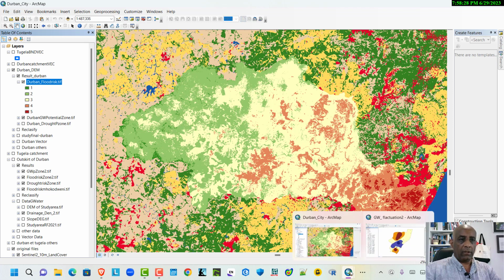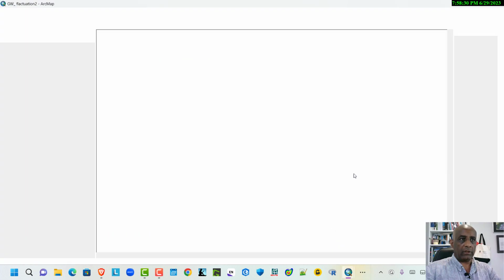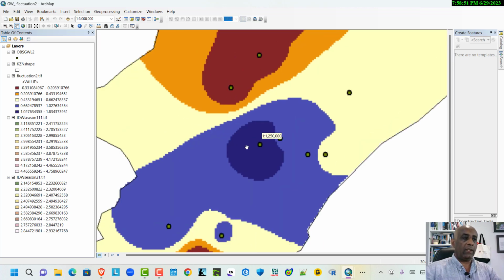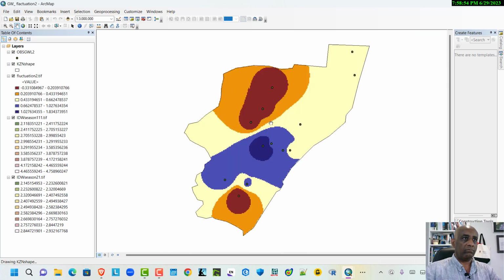The other one I want to show is the groundwater analysis I did. For example, this is the province of KwaZulu-Natal. I selected some of the groundwater wells located in the area, there is one here, one, and analyzed them and calculated the fluctuation. This is the fluctuation.